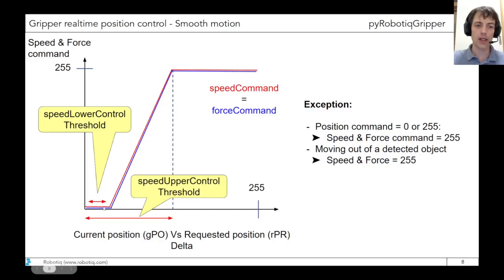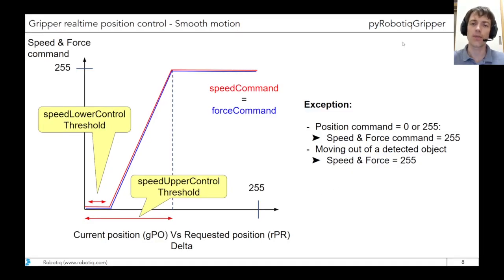And then if the delta increases, you enter a ramp function like this. The speed and the force will increase as much as the delta increases. And if the delta is more than a given threshold, then the speed and the force will be at the maximum value, 255.